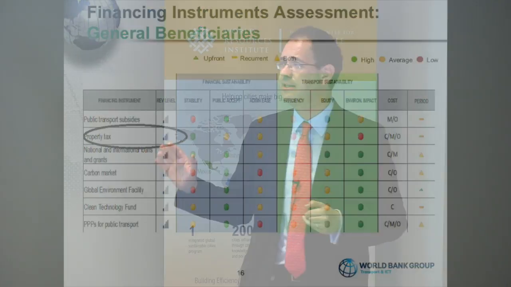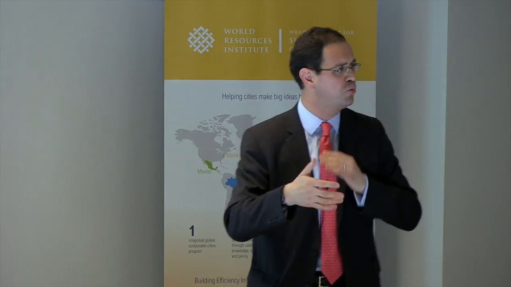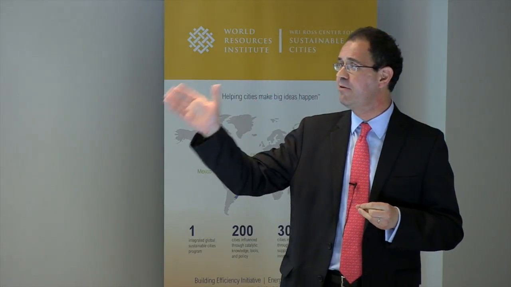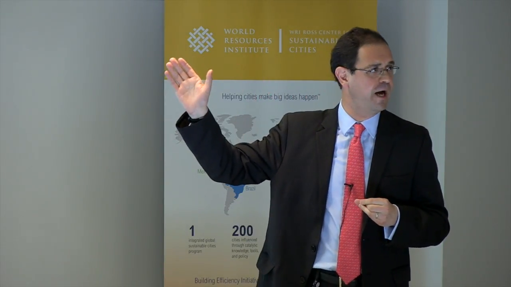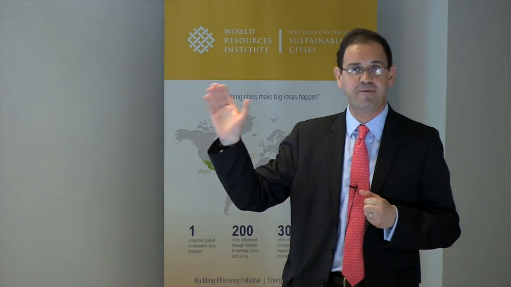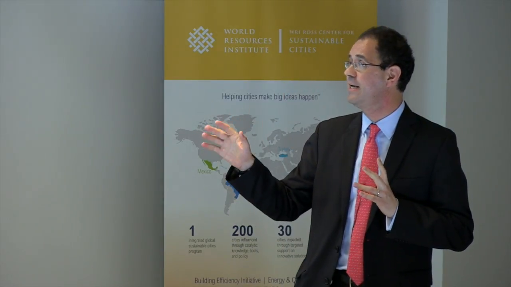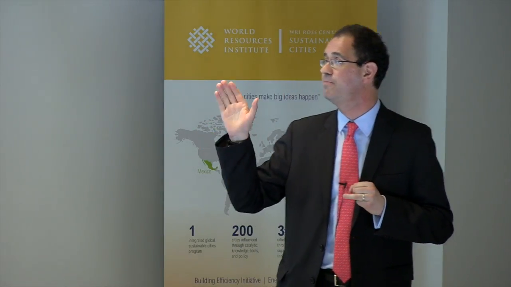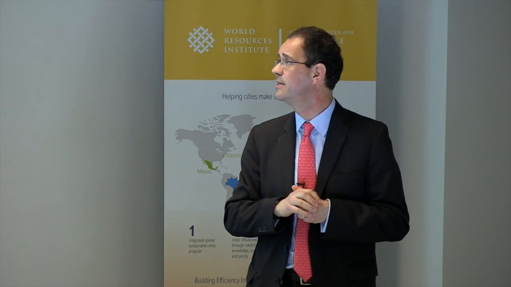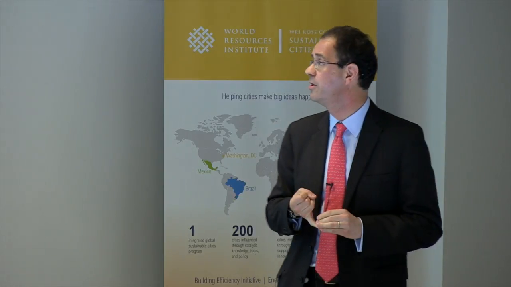So in a nutshell, we have in the table, because I will present two more of these tables, the name of the instrument, the category of beneficiary, general in this case, the revenue level using the idea of the signal in a cell phone, then the financial sustainability, the first three columns: stability, public acceptance, and administrative ease. The transport sustainability: efficiency, does it promote better behavior?